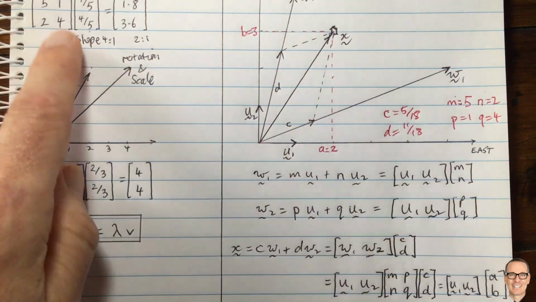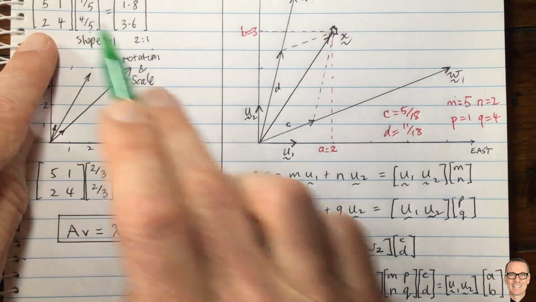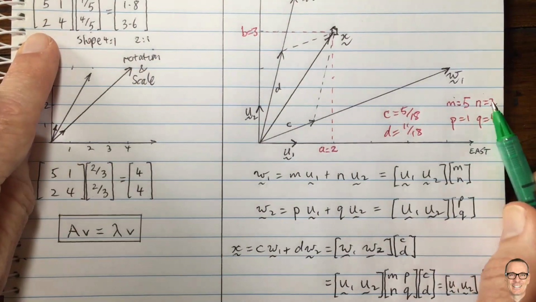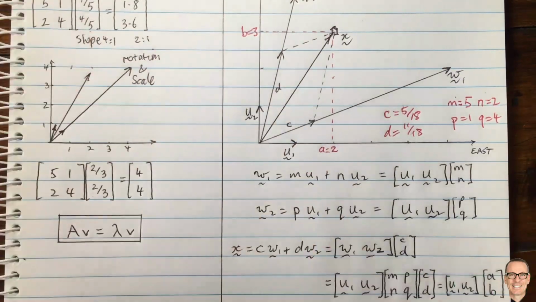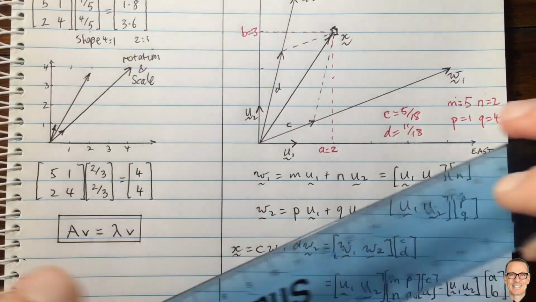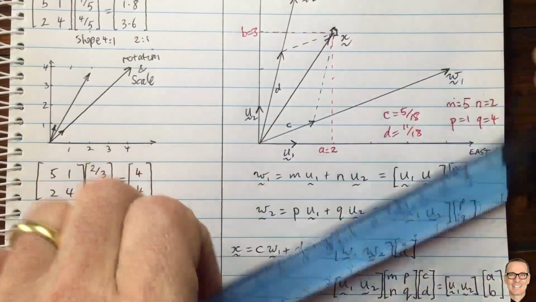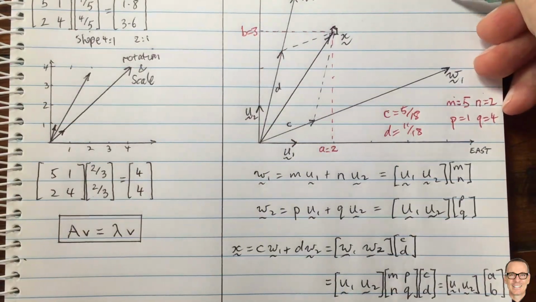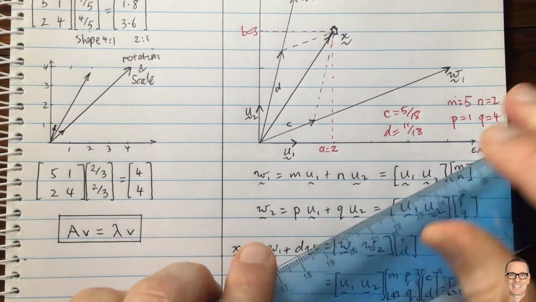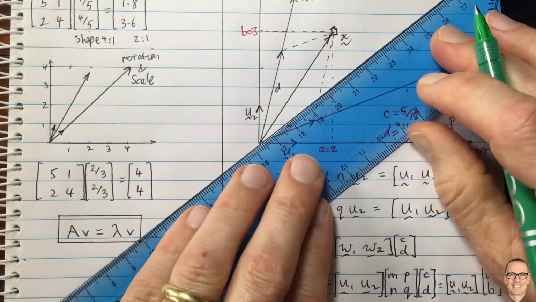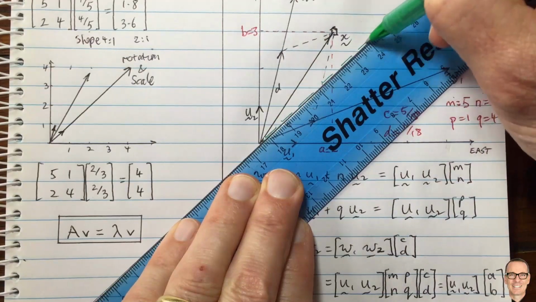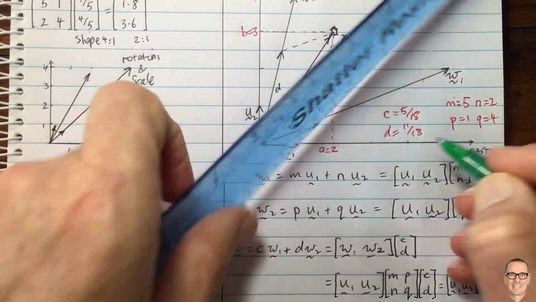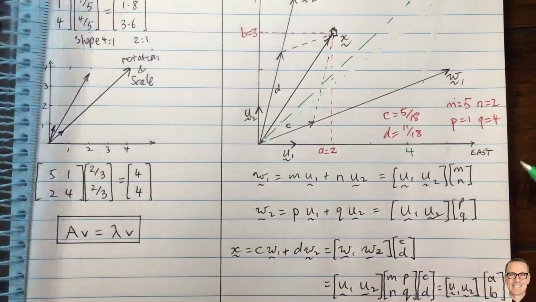You probably guessed by looking over here, because I've used the same matrix, if you've noticed, this 5, 1, 2, and 4 is the same as the matrix over here. So we've got the same matrix transformation on both sides. And so you've probably guessed that the eigenvector, in this case, is the one that's at 45 degrees. I'm just going to draw that line in here, so this is at 45 degrees.